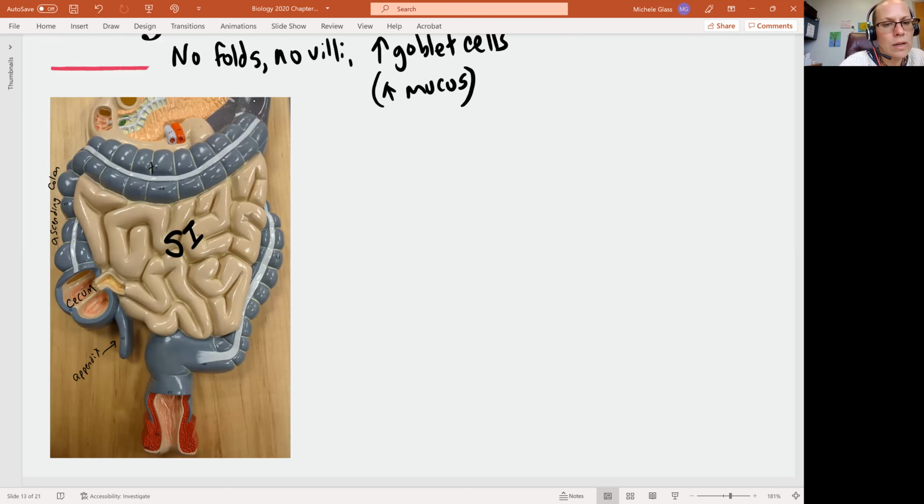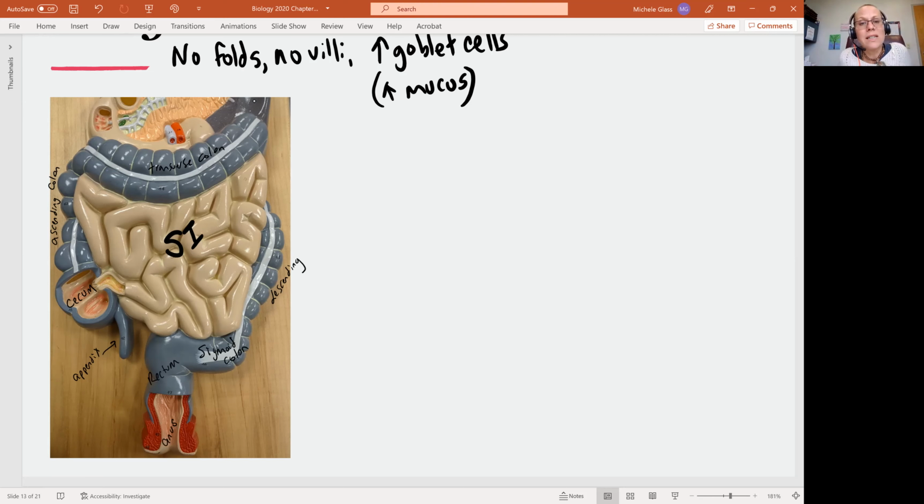We have a transverse colon that's almost on top of the small intestine. Then we're going to have a descending colon. On this left side, we have this S-shaped bend. We call that the sigmoid colon. The last like 10 centimeters is called the rectum. And then the opening is, of course, called the anus.